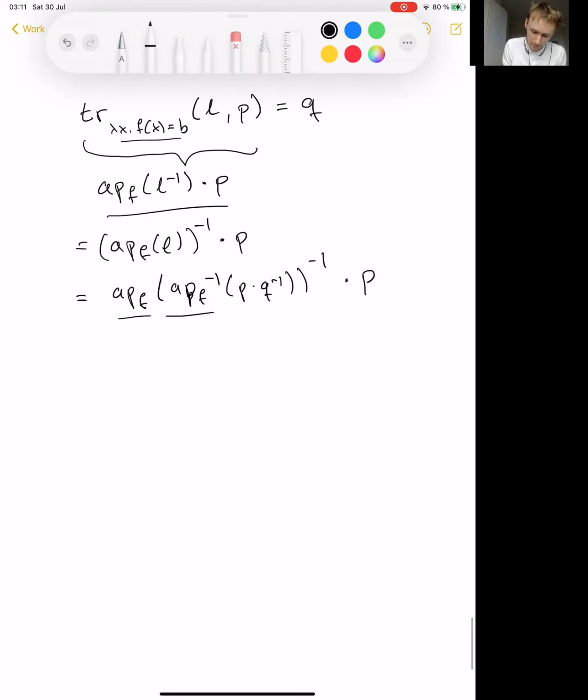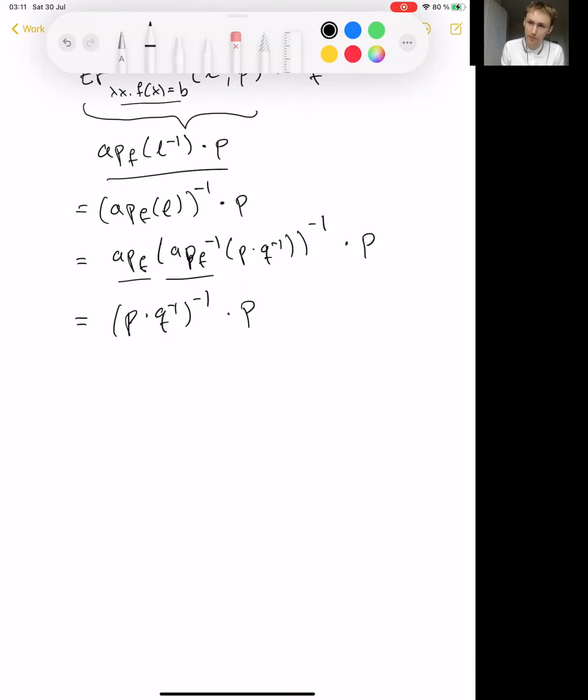So this whole thing is just equal to P composed with Q inverse, composed with P. Now, if you invert a composition, you move in the inversion and swap the two arguments. That's also an easy lemma that I think you mentioned, at least in the Agda course. This is equal to Q inverse inverse composed with P inverse composed with P. These two cancel, and Q inverse inverse is just Q. And voila, we're done.